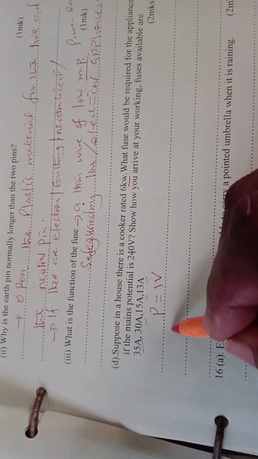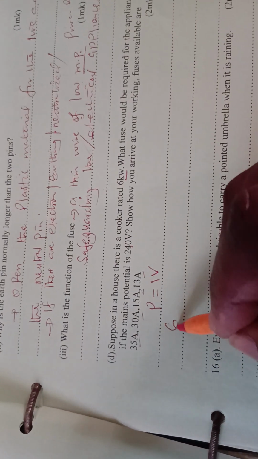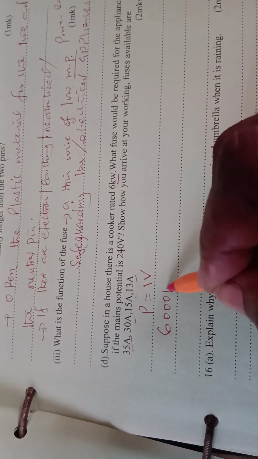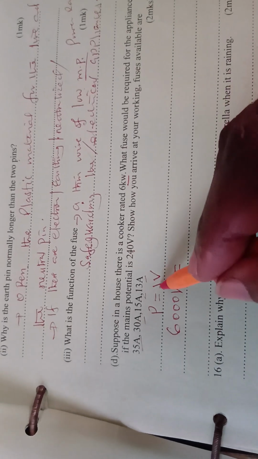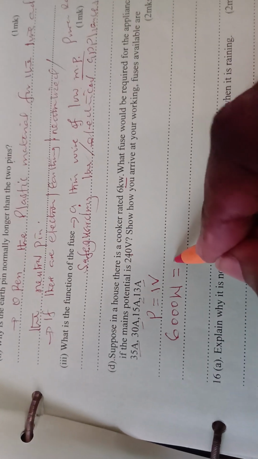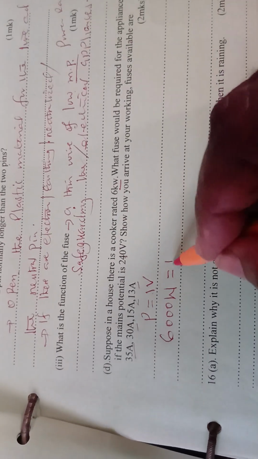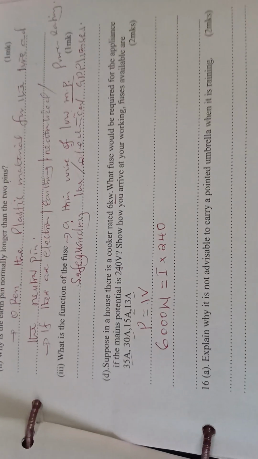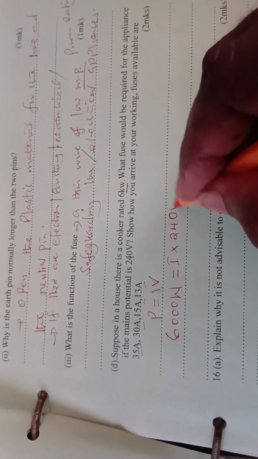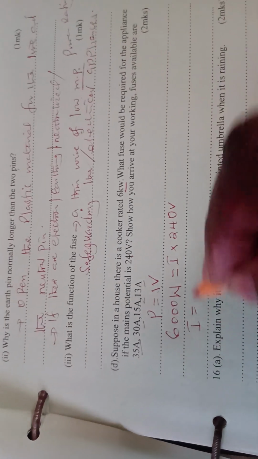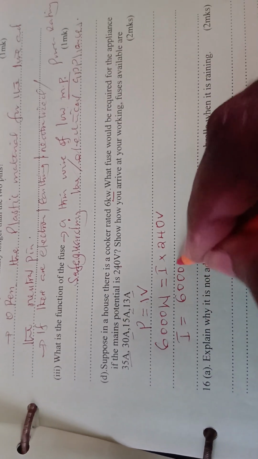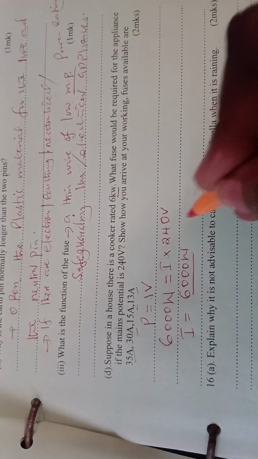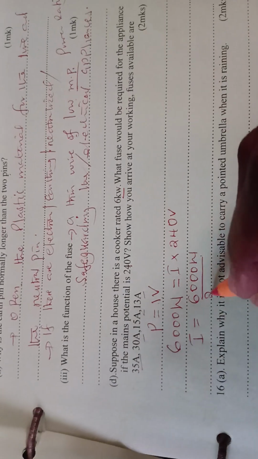So 6 kilowatt, that is 6,000 watts, equals the current, which we don't know, multiplied by the voltage. So current will be given as 6,000 watts divided by 240 volts.